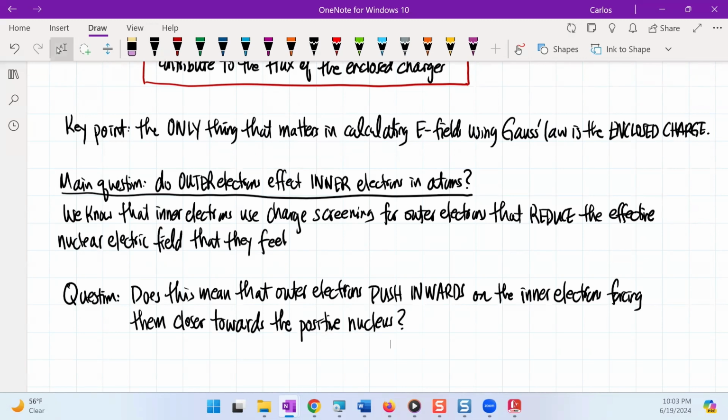So I'm going to deal with a more complicated atom, and I want to deal with copper just because we've dealt with copper in the past when we're dealing with atoms. So let's focus on this.